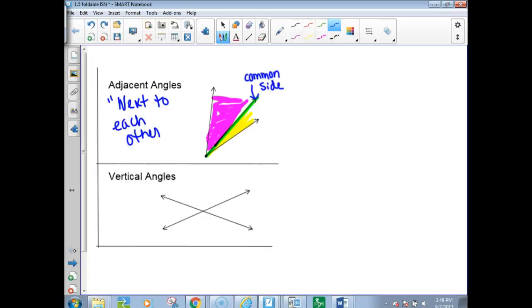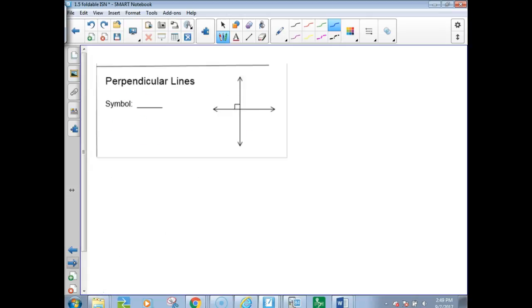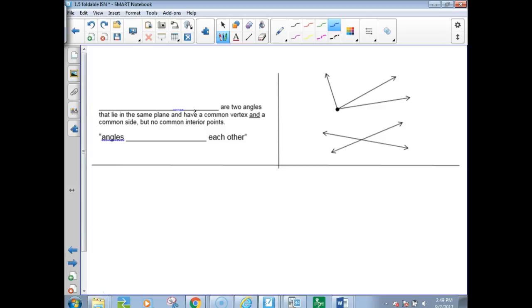So I'm jumping over from here to this. So it's on the right, the top right. Are you with me where it is? We got the picture on the left, and then we have this definition. This is adjacent angles.